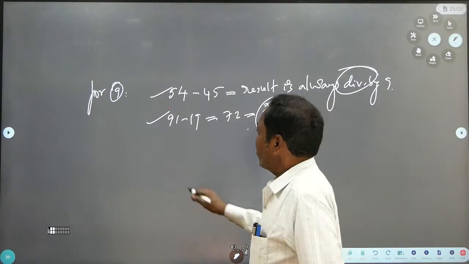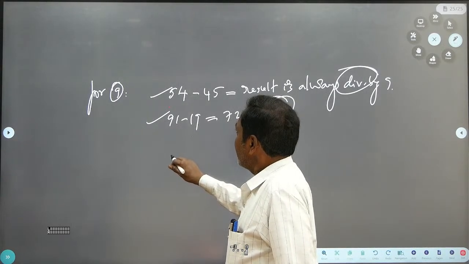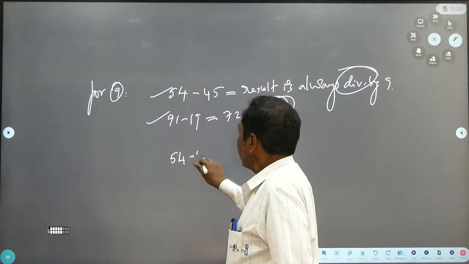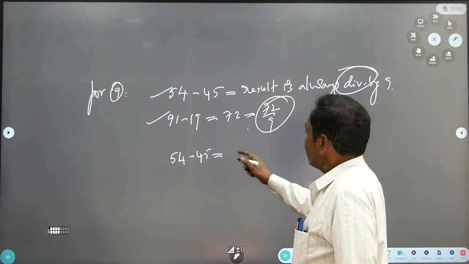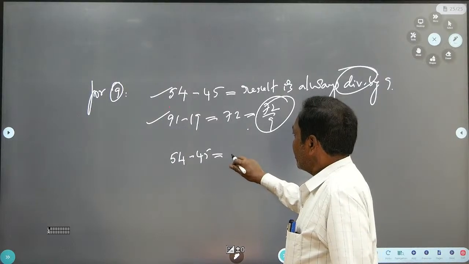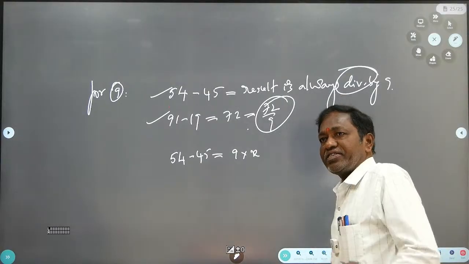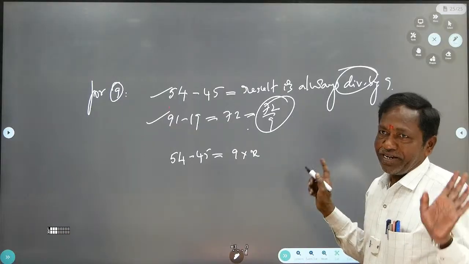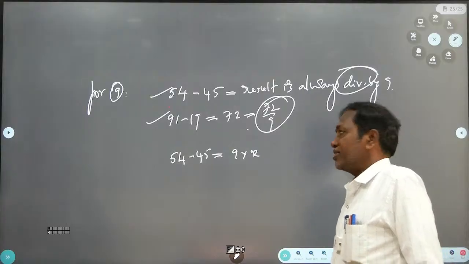Let us say it straightforwardly: 54 minus 45 is equal to 9 into x. X may be 1, 2, 3, 4, 7, 8, anything. It means multiples of 9, which means divisible by 9.